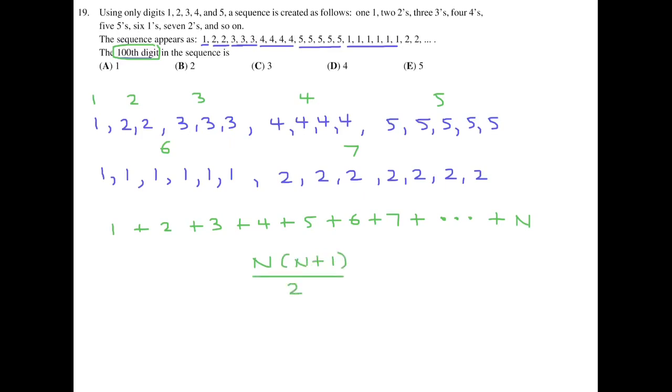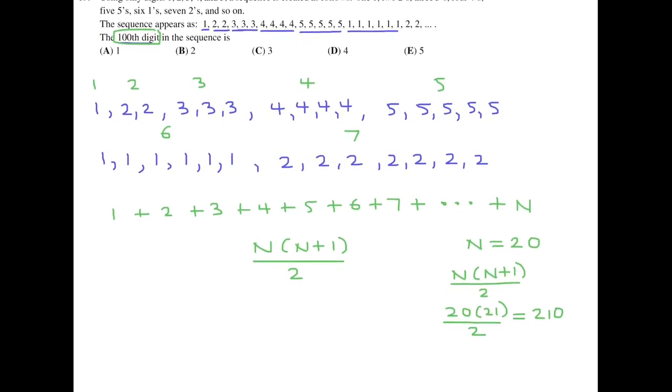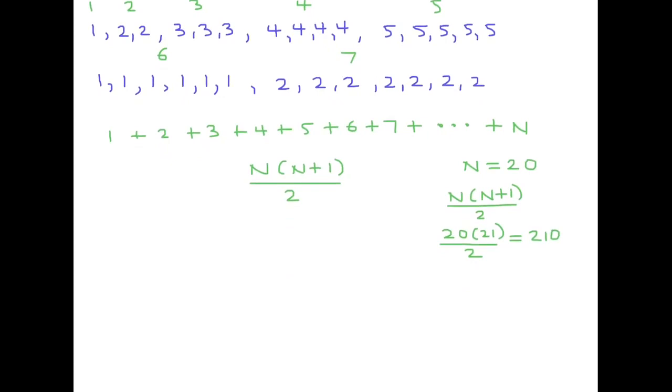So if we had, let's say, n is equal to 20, and you wanted to find 1 plus 2 plus 3 all the way up to 20, instead of manually doing it, you can just use this formula, n times n plus 1 over 2. So you'd put in 20, and you'd get 20 times 21 over 2, which is 10 times 21, which is 210. So it helps you, especially when the numbers are very, very large.